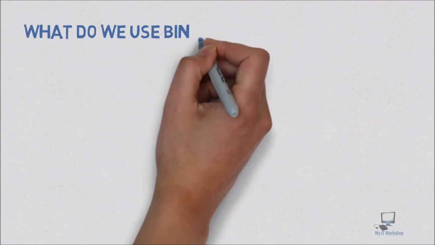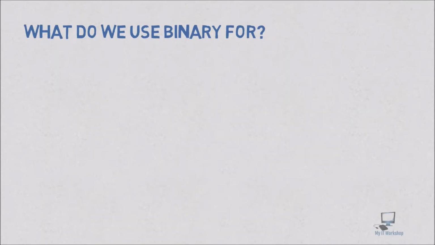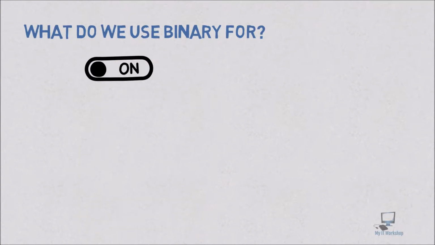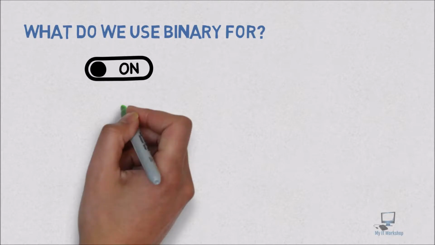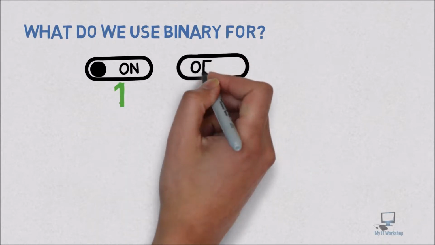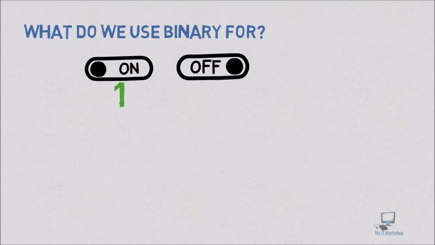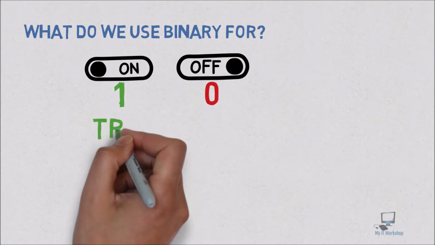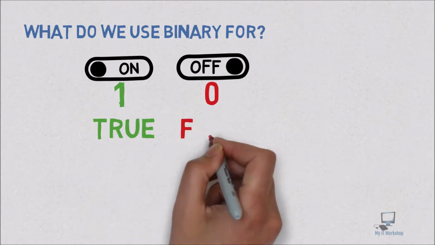So what do we use binary for? Well, binary helps us to represent two values, on, which is number 1, or off, which is number 0. But they also can represent the value of true or the value of false.